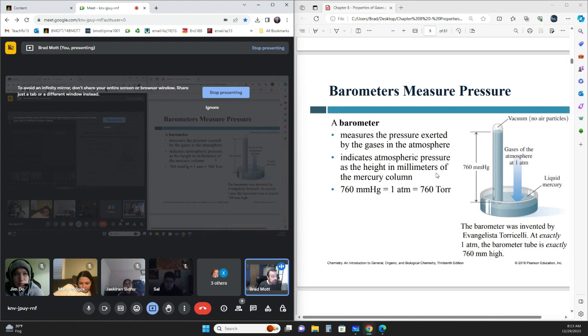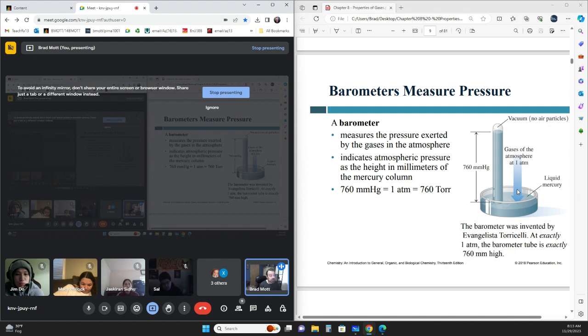And this is a rudimentary instrument for measuring the pressure of our atmosphere. You have a little pan of mercury and a closed tube where all the atmosphere has been taken out. The amount that the mercury rises in that tube is due exclusively to the pressure that the atmosphere above it is pressing down on the mercury.